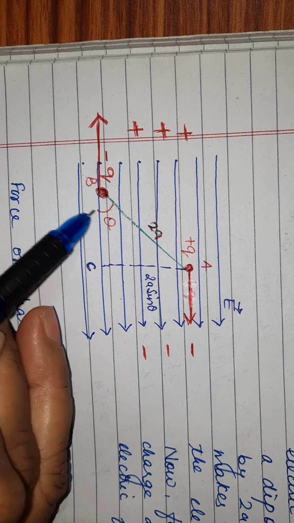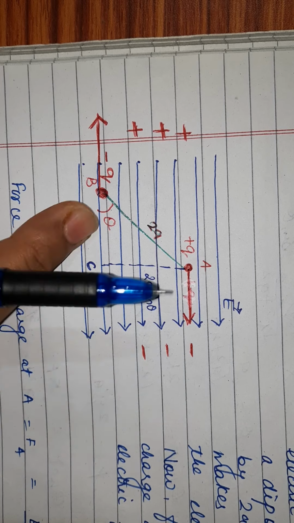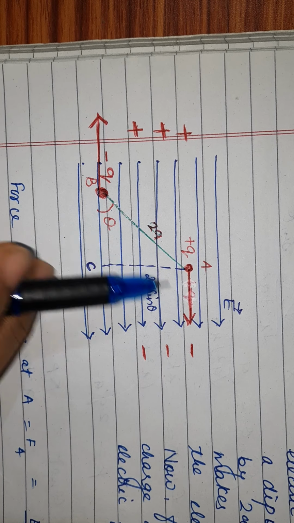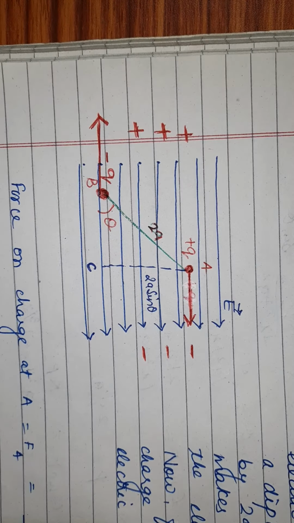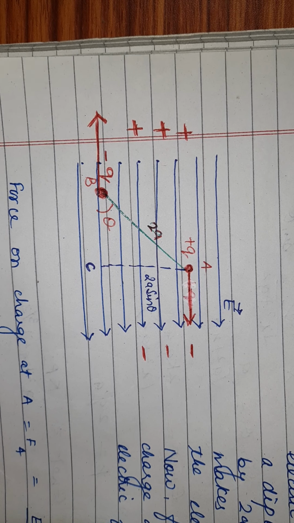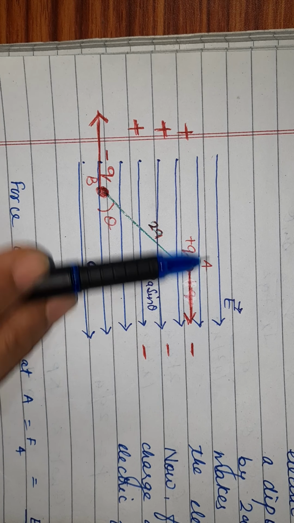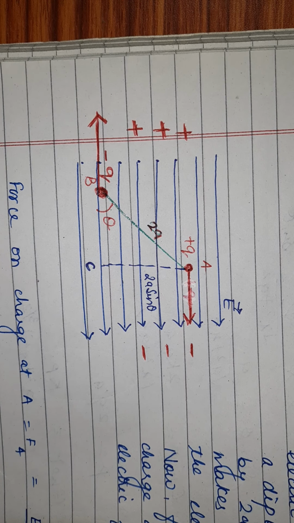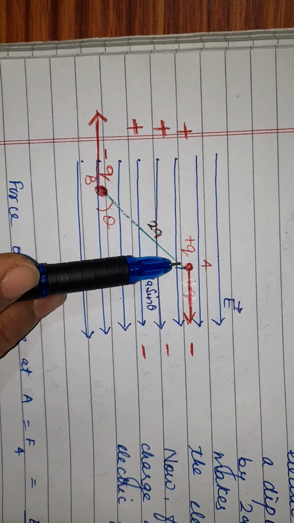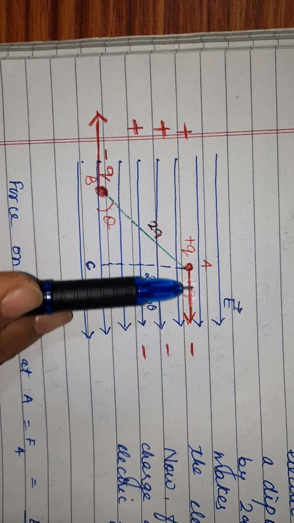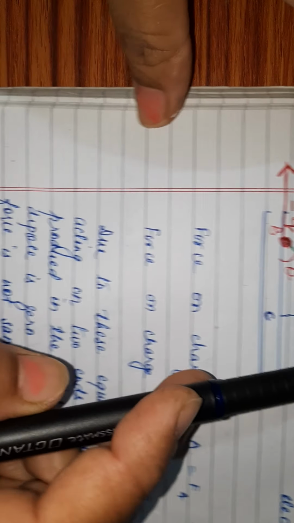It is making an angle theta with the electric field. Now we'll find out the force on these two charges due to this electric field. So force on the charge at A, this is plus q at A, we'll write it as FA.